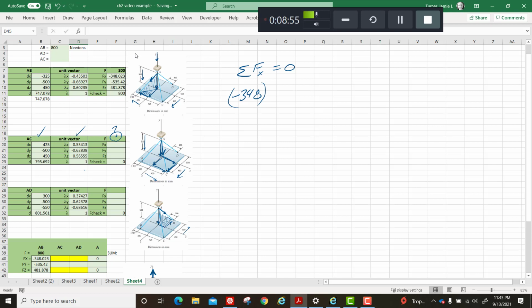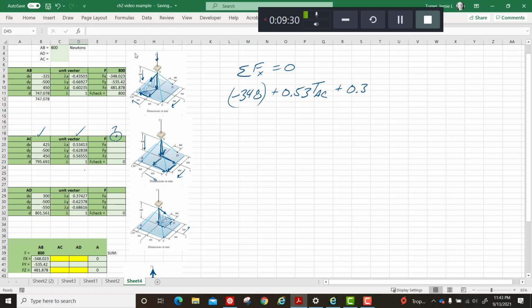I don't know the value of this, but I at least know the unit vector. So I'm going to say it's pulling in the positive direction, and this is going to be 0.53. So that's the fraction of what's going on in cable AC in that X direction. And then for AD, once again, I don't know the number here. I know it's going in the positive direction, and I know the fraction of it.